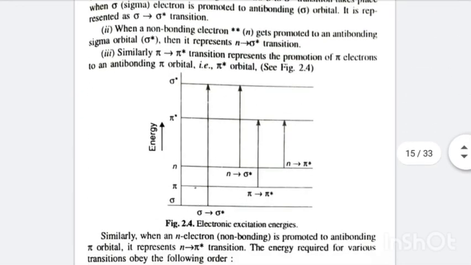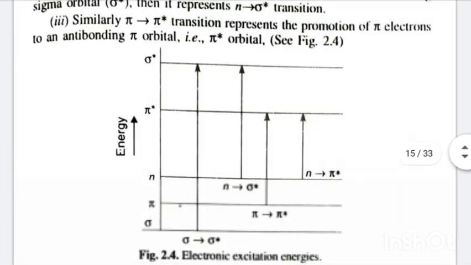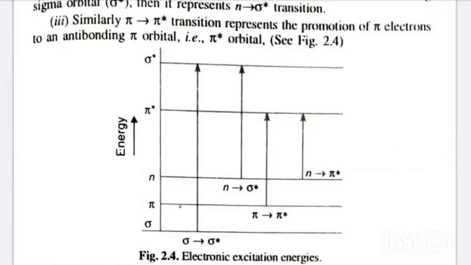This is the energy diagram of all the electrons. The lowest energy is the sigma bonding orbital, the next one is the pi bonding orbital, the next one is the non-bonded electrons, the fourth one is pi star, which is the pi anti-bonding orbital, and the fifth one is sigma star, which is the sigma anti-bonding orbital.